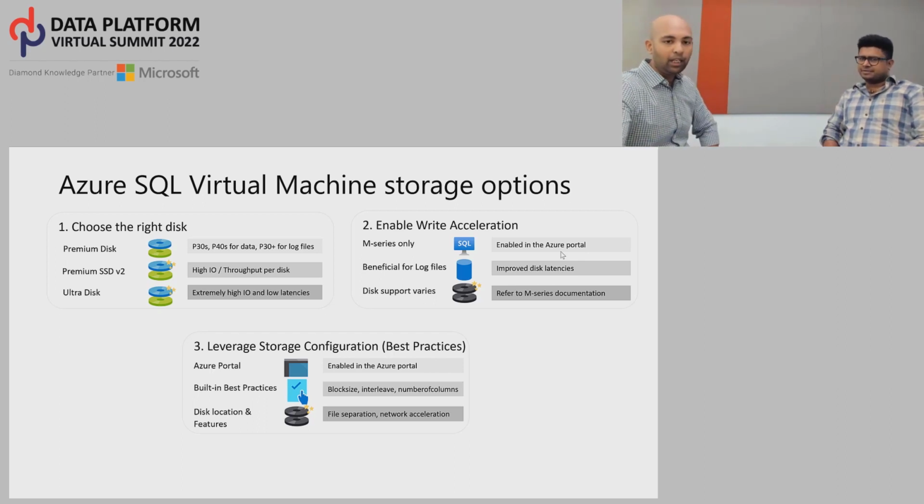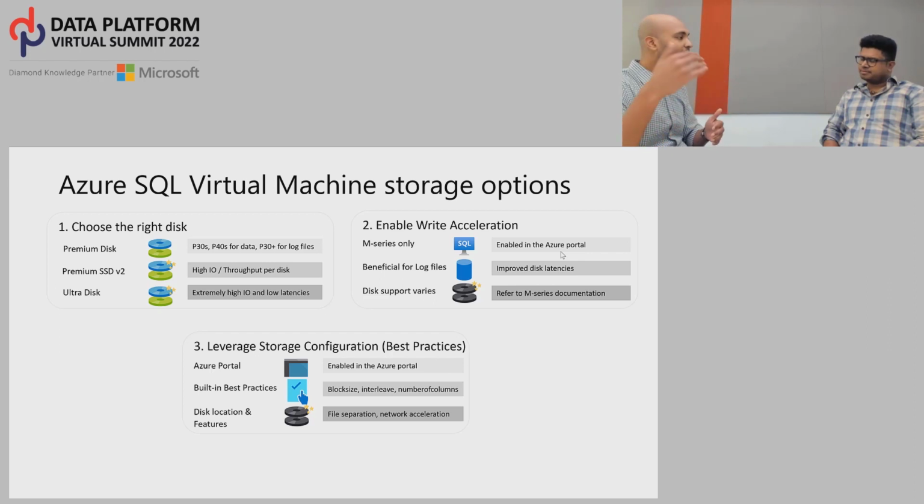Now, you've got these three options, but equally important to understand is there are certain series of VMs that have extra enhancements that work well for SQL Server specifically. One such example is the M series. M series has something called write acceleration, and this is good for workloads that have log specific requirements, where there could be write log waits that are hanging on the disk and that need write acceleration to get that extra IOPS you need.